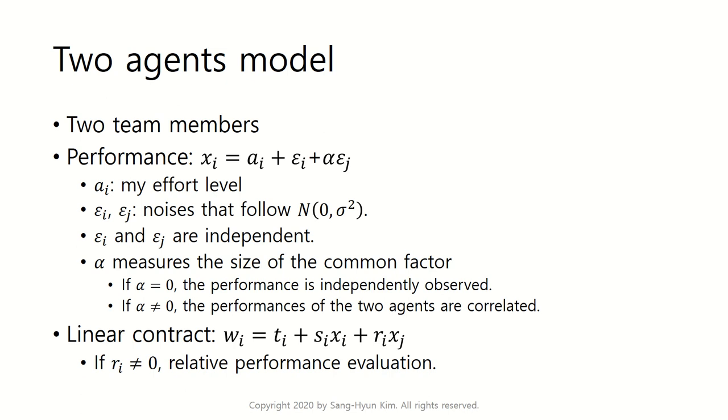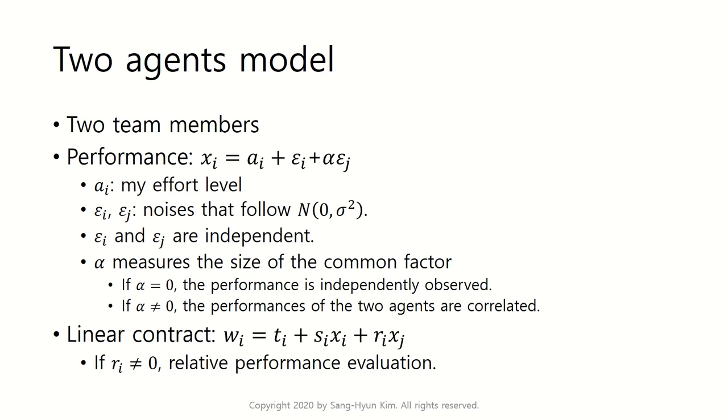But if Ri is not 0, that means there is some sort of relative performance evaluation. It is likely that Ri is negative, right? If Ri is negative, that means if another person, let's say my rival, though it's not really my rival, another worker, does really well, then my wage will decline. What's the rationale for that?